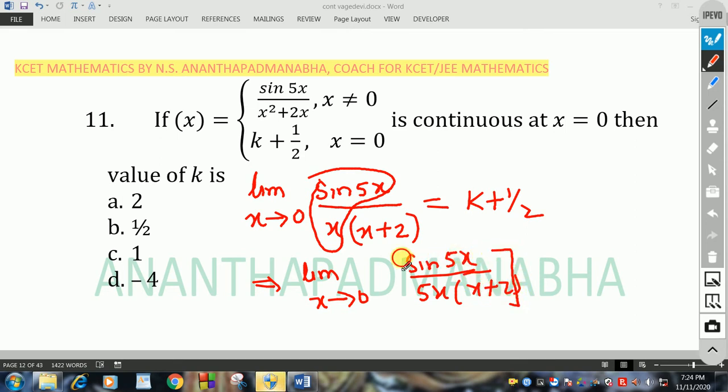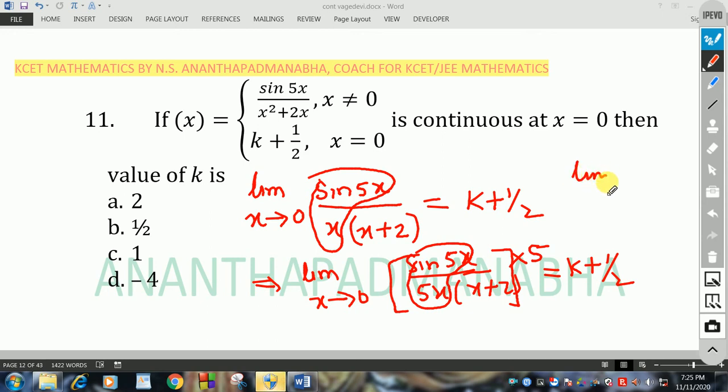As I have multiplied the denominator x by 5, I will multiply the numerator also by 5 so that the value will not change. On the right hand side I have k plus 1 by 2. See, you can observe sine 5x by 5x is 1.